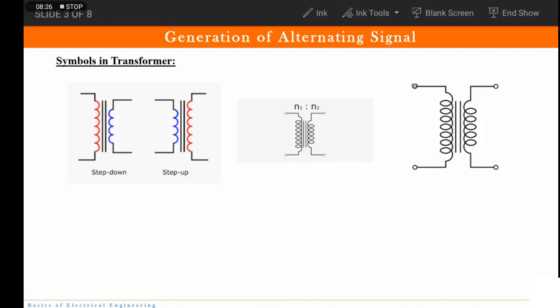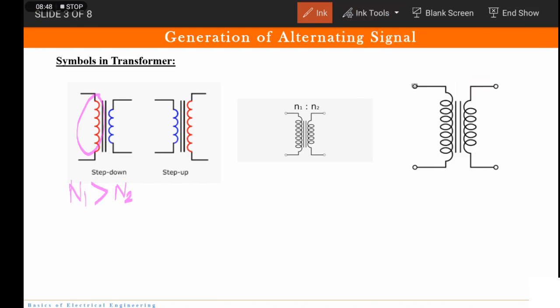Now if you carefully notice here, the number of turns in the primary is greater. So when I denote it by N1, and if the number of secondary turns is N2, then it is clearly visible that N1 is greater than N2. Correct?